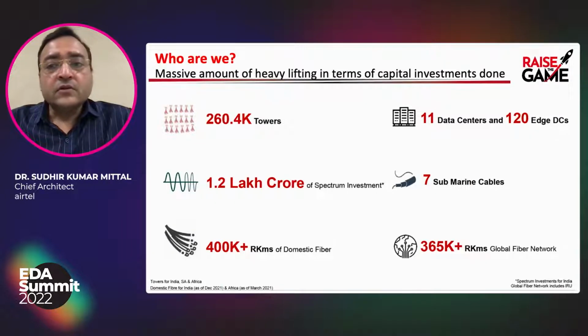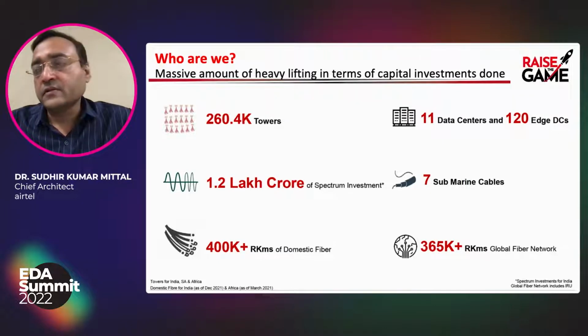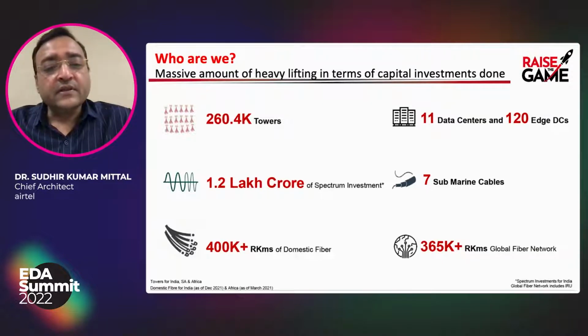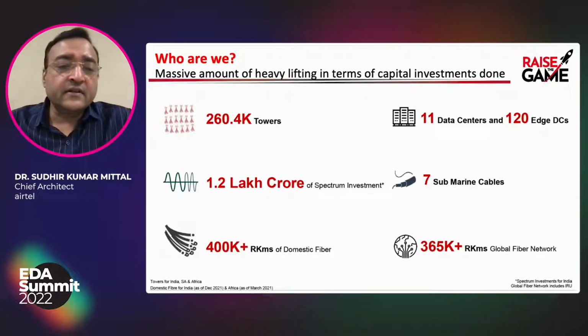And also we have in India spectrum investments of 1.2 lakh crore, which is 1.2 trillion in investments in spectrum alone. And with domestic fiber, we have around 400K plus route kilometers in India. And internationally, we have around 365K plus route kilometers.